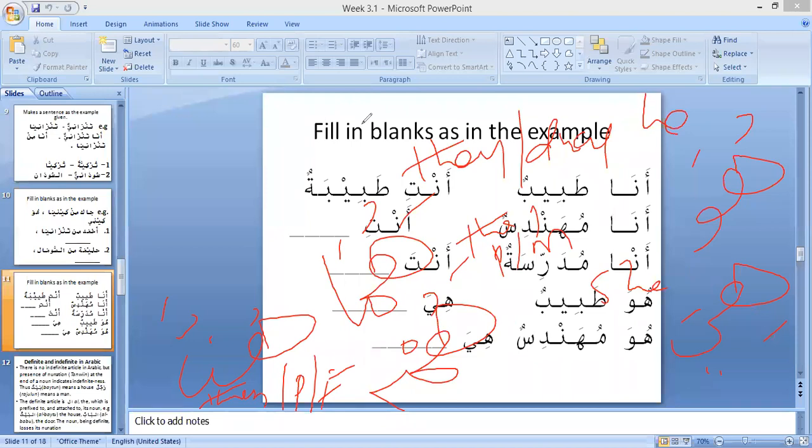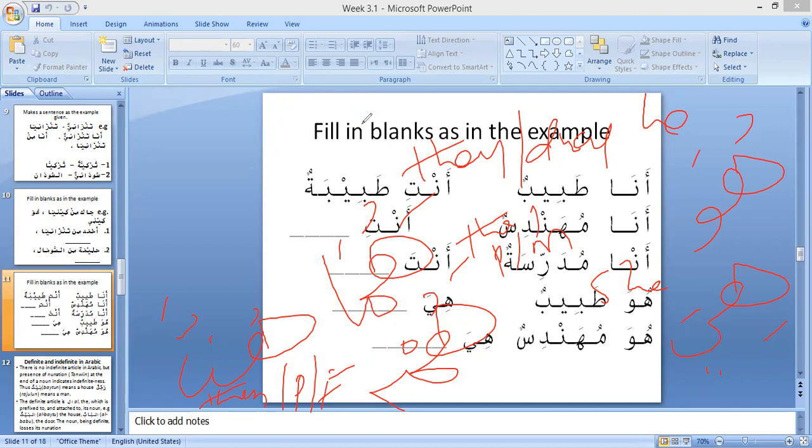So for the pronouns in Arabic, I want you to memorize them in that order, because everything in Arabic is based on number and gender, and the pronouns represent the number and the gender. Huwa is singular male, hiya singular female, huma dual, hum plural male, hunna plural female.